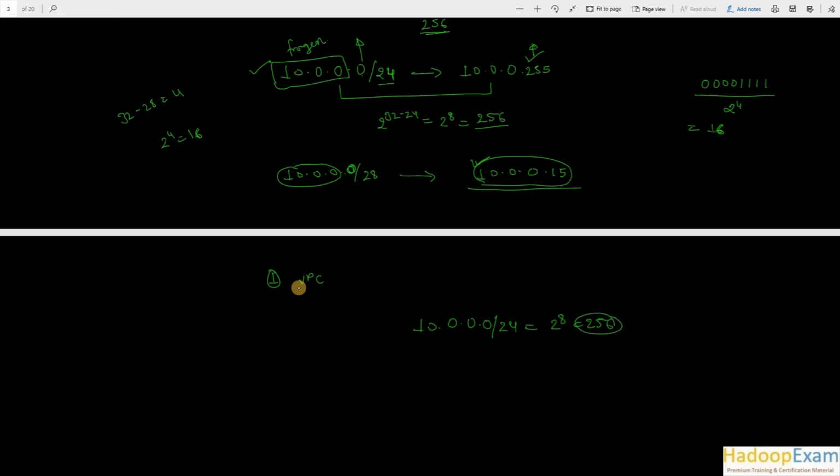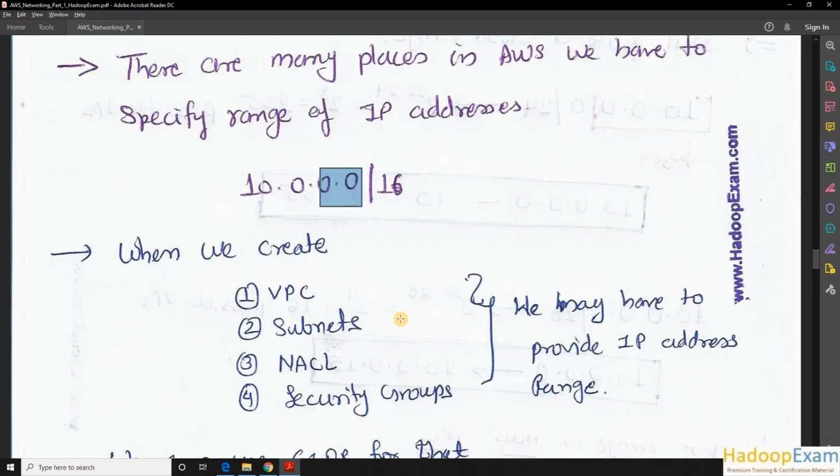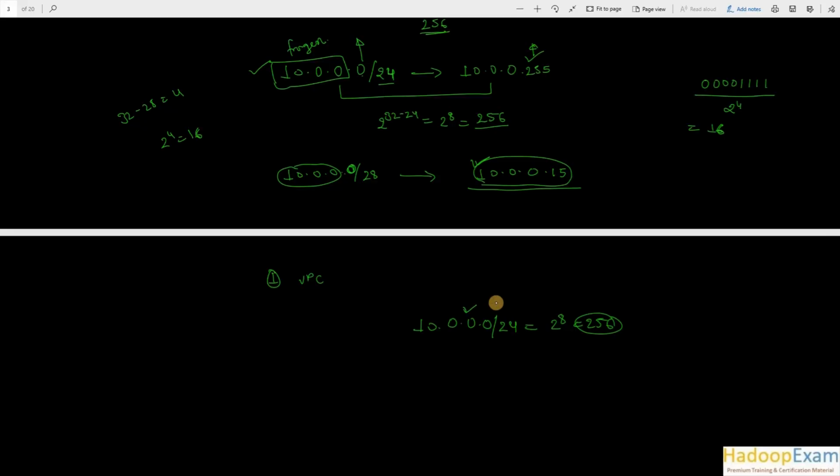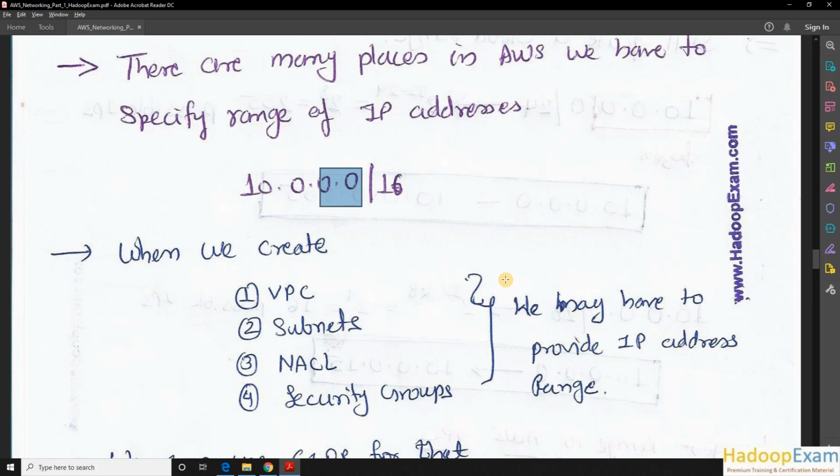Is it possible to write each and every IP address and then use it? No, it is not possible. So in VPC, subnet, NACL, security groups, whenever we create these, we provide this syntax, CIDR notation, to provide the range of IP. So now you would have understood what I mean by range of IP.